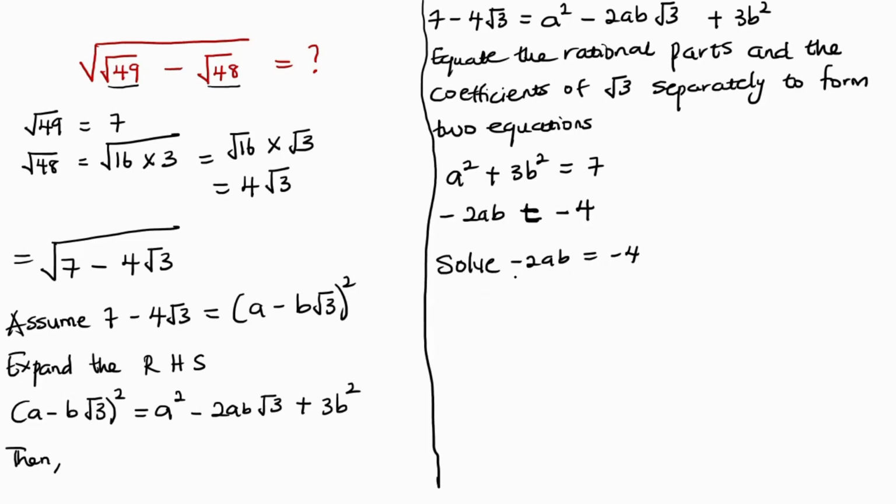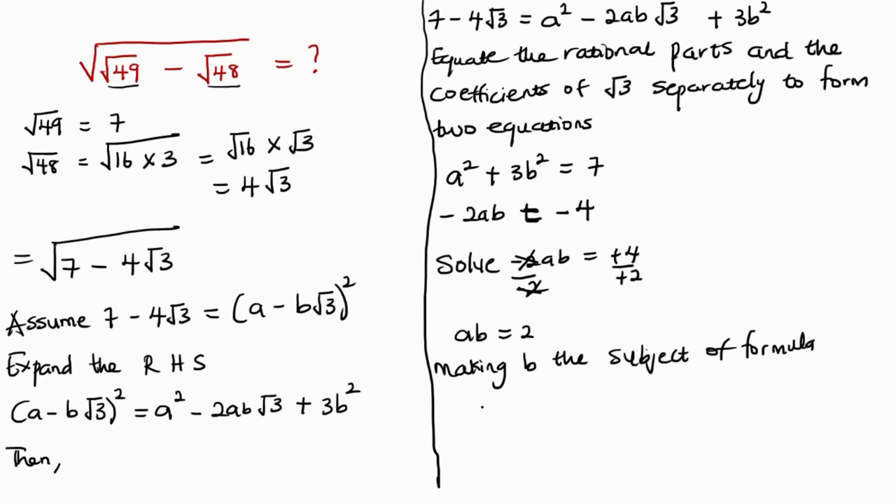All we want to do is to divide both sides by negative 2. So this is going to cancel out this. Then we have ab is equal to minus 4 divided by minus 2, which is 2. So let's simply make b the subject of formula. So making b the subject of formula, we have b is equal to 2 over a.